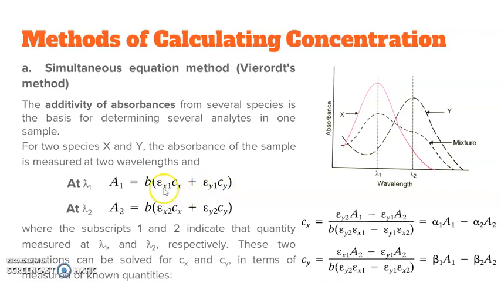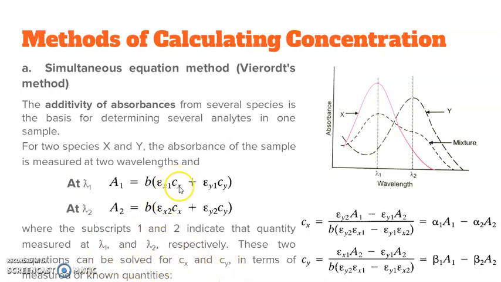We know that X and Y are different drugs, and these two drugs are measured at two different wavelengths, which are lambda 1 and lambda 2. The two equations can be solved for Cx and Cy.